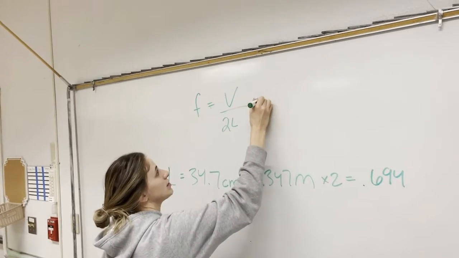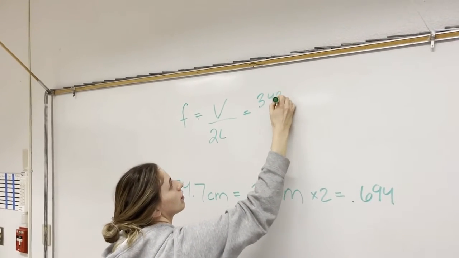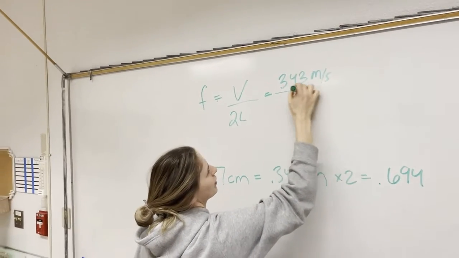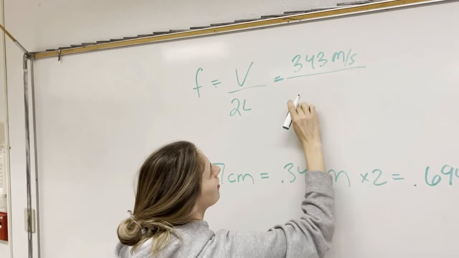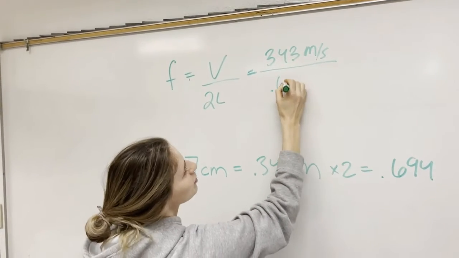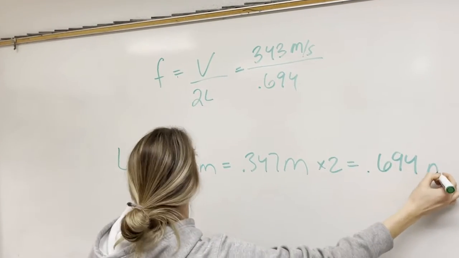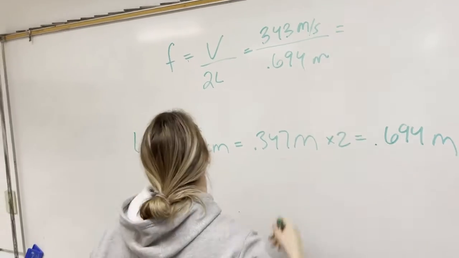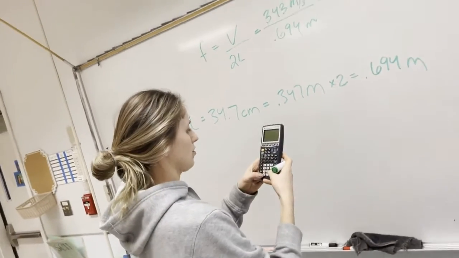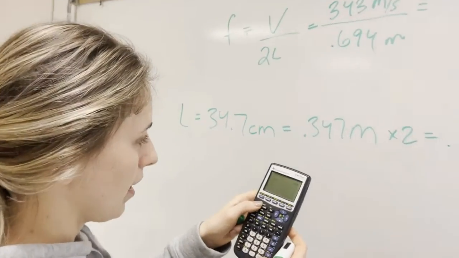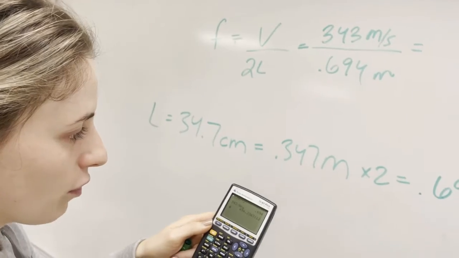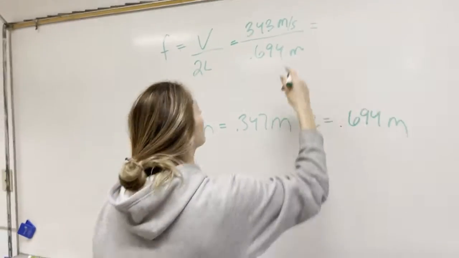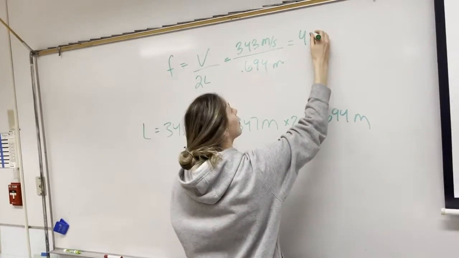Then we're going to use 343 because it's 20 degrees Celsius in here, right? Could be. Okay, we won't check. So 343 divided by our answer gives me 494 seconds per second. 494 hertz.